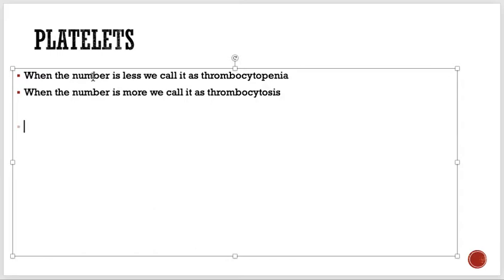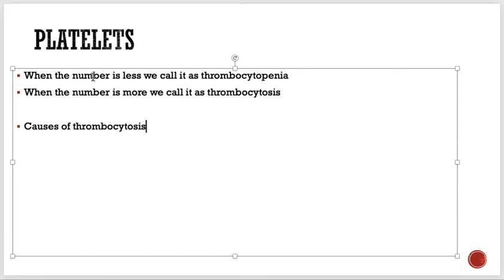So now you must know when the platelets are increased and when they are decreased. Remember, guys, when the platelets are increased in the blood, the person is prone to get thrombosis, clot formation. And when the number of platelets is decreased, there is increased chance of bleeding in the person.